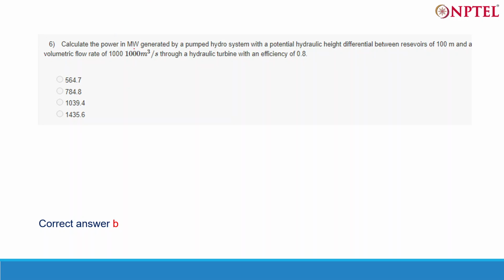Now calculate the power in megawatts generated by a pumped hydro system. Reservoir height and volumetric rate of flow are given, and hydraulic turbine efficiency is also given, so this is a very simple question. The power is rho g H Q, and then multiply by the hydraulic efficiency.